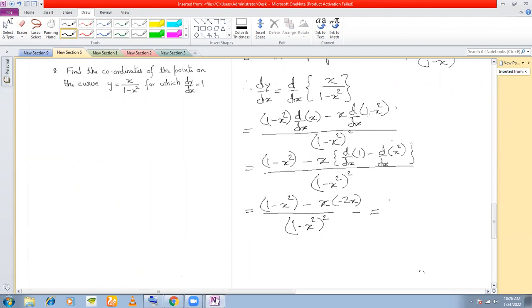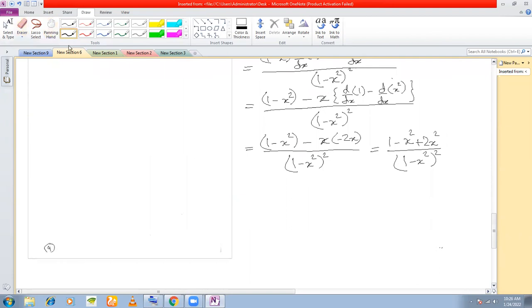To get here 1 minus x square plus 2x square, divided by 1 minus x square whole square. So you get 1 plus x square by 1 minus x square whole square, right?